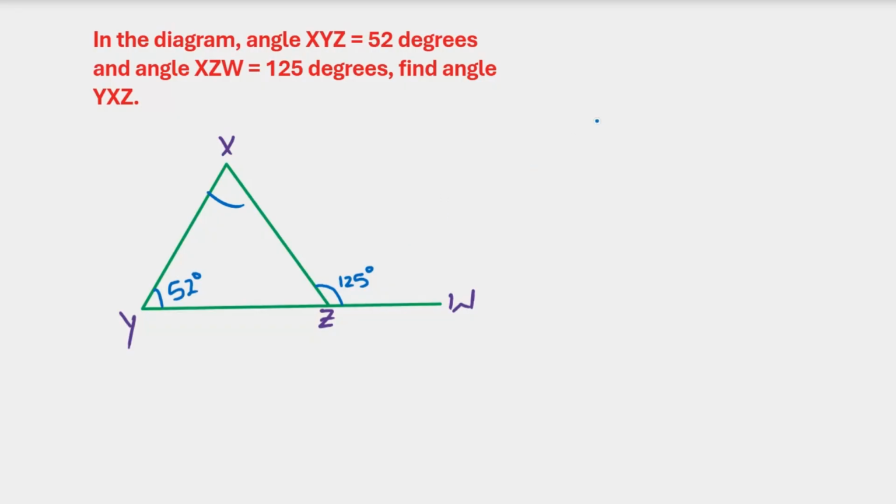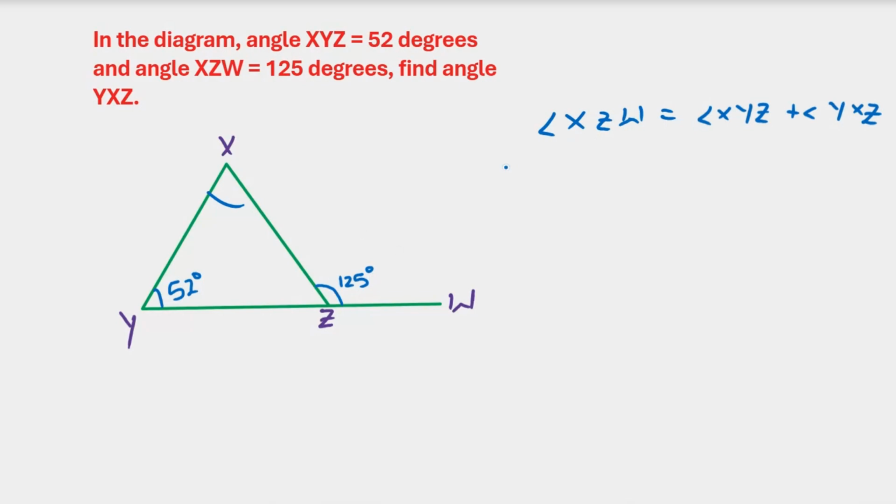So the exterior angle, that is angle XZW is equal to angle XYZ plus angle YXZ.